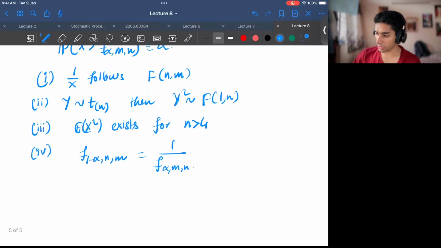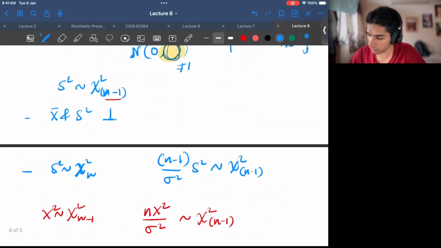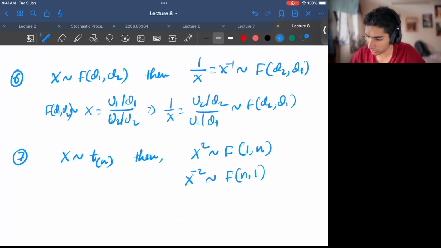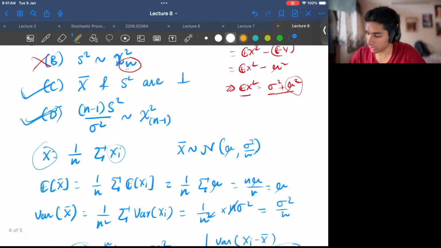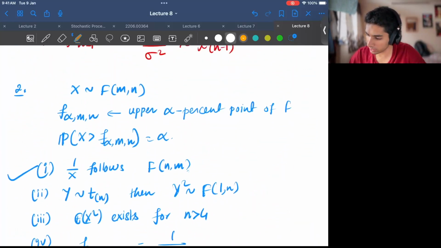A few of them you can straight away tell if they are right or wrong. The first statement is correct. This is the property of the F distribution which we just saw: if X is following F d1 d2, then 1 by X will follow F d2 d1. Here in the question, X is following F m n, then 1 by X will follow F n m.